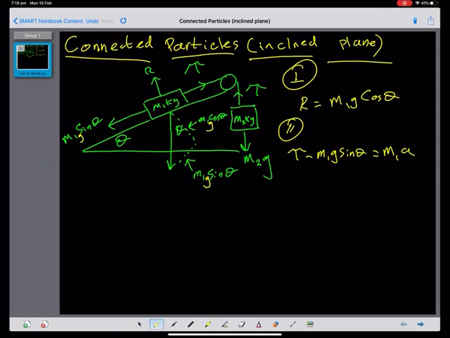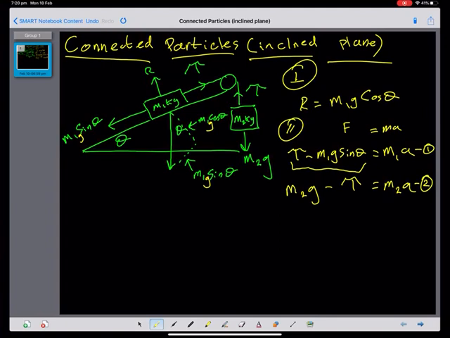Here we're applying Newton's second law, F equals ma, where F is the resultant force. So this is equation 1. Equation 2 is m2 g minus the tension equals m2 a, applying Newton's second law.